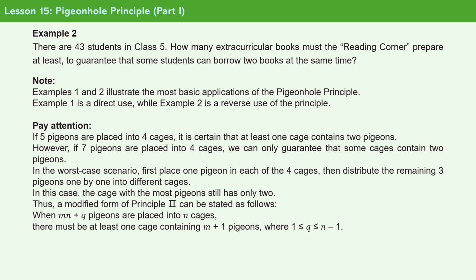In the worst case scenario, first place 1 pigeon in each of the 4 cages, then distribute the remaining 3 pigeons one by one into different cages. In this case, the cage with the most pigeons still has only 2. Thus, a modified form of principle 2 can be stated as follows: when mn plus q pigeons are placed into n cages, there must be at least one cage containing m plus 1 pigeons, where q is between 1 and n minus 1, inclusive.